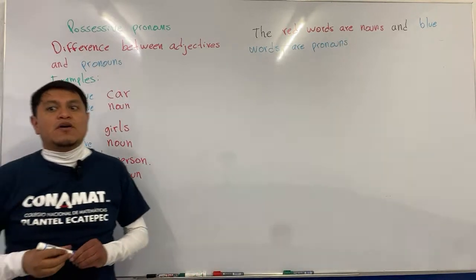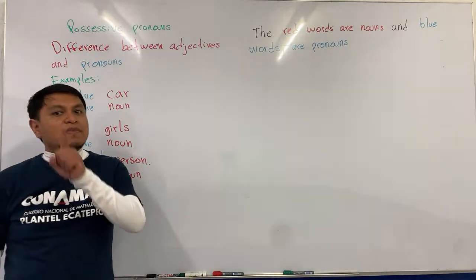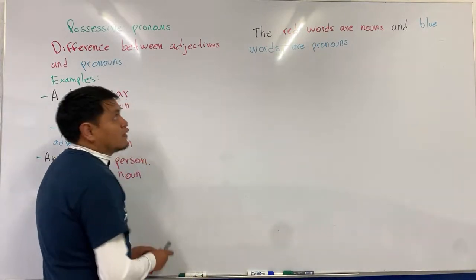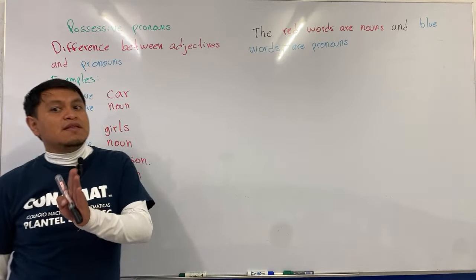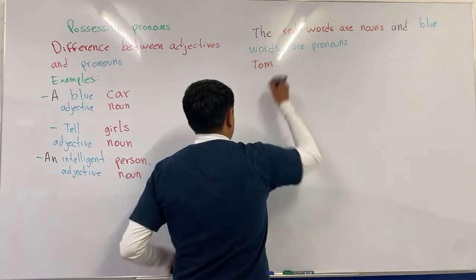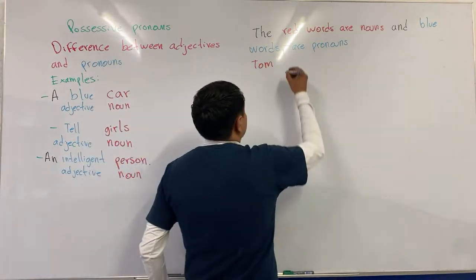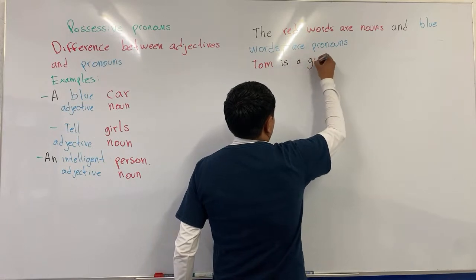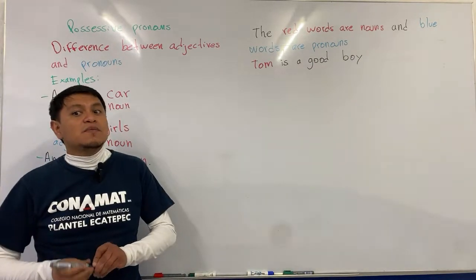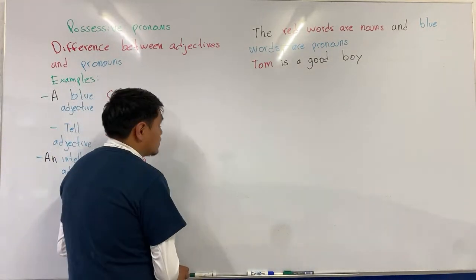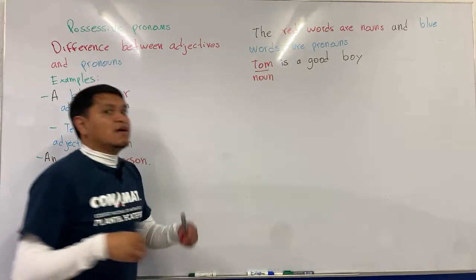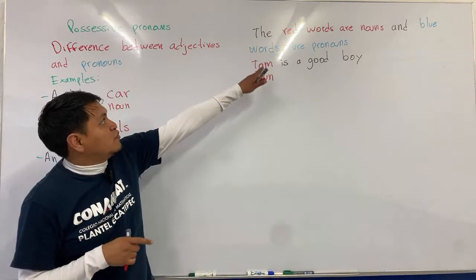Right. Example of pronouns. For example, pronouns repeat. Tom is a good boy. Right? Tom, it's a noun. Another example with red in pronouns.